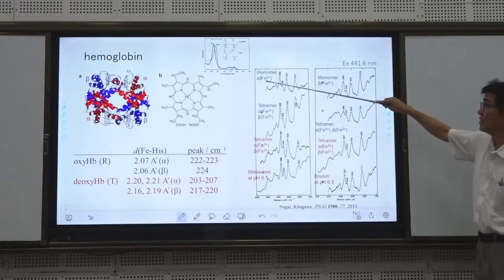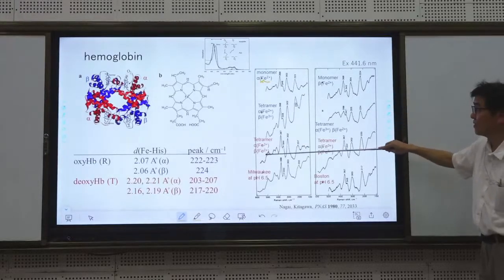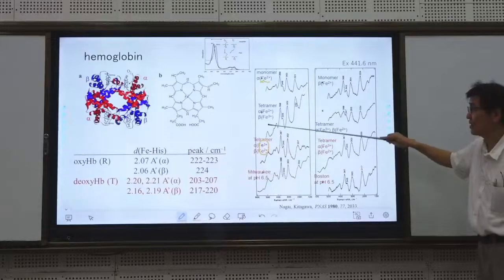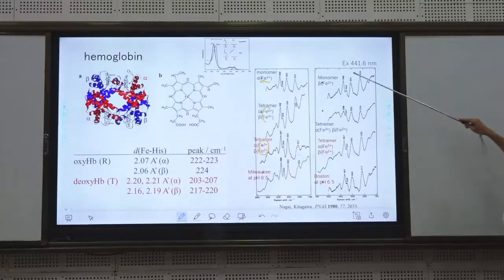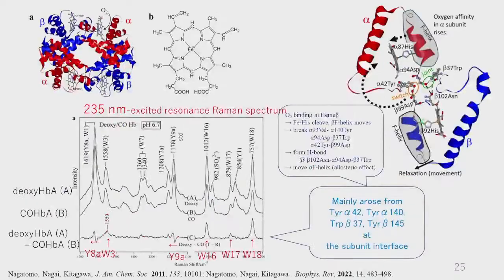So depending on the different oxidation state of the heme protein, peak positioning and appearance is different. This is informative to analyze the status of the protein.